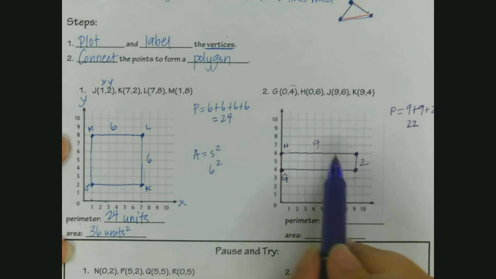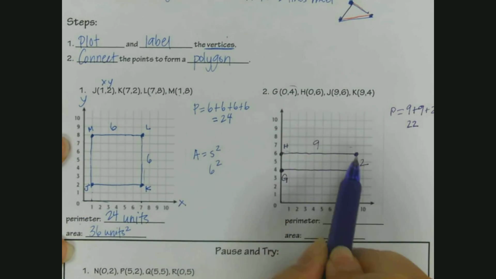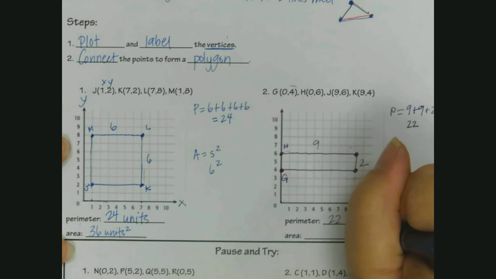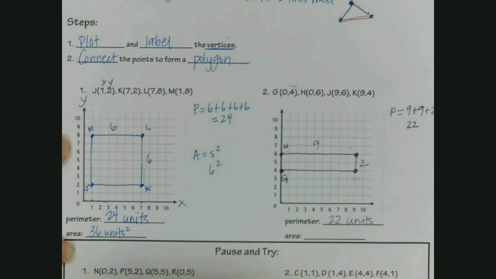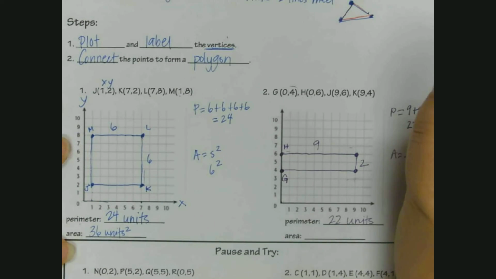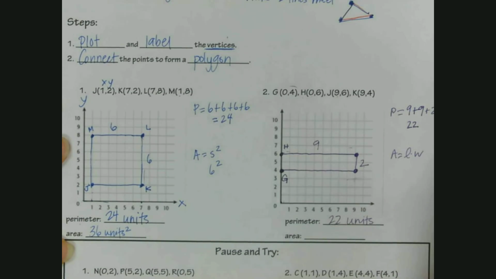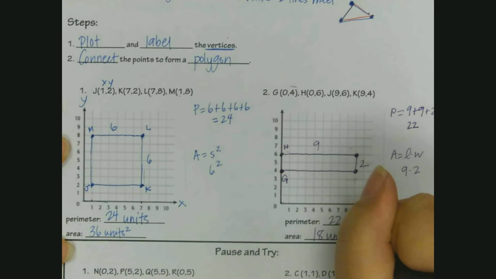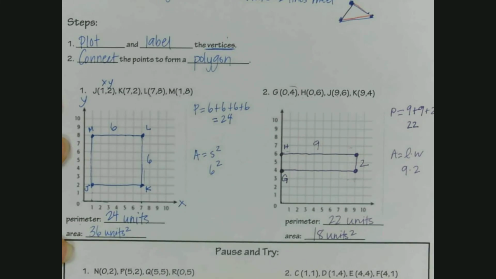You also could have done 9 plus 2 is 11, and 11 times 2 is 22. Either way is fine. But remember, this is just units. Alright, area equals length times width for a rectangle. My length is 9, my width is 2. 9 times 2 is 18 units squared.